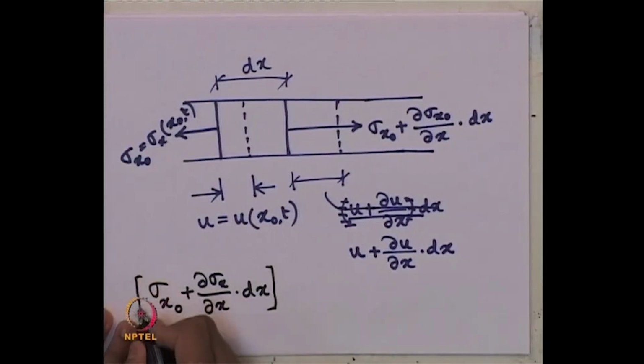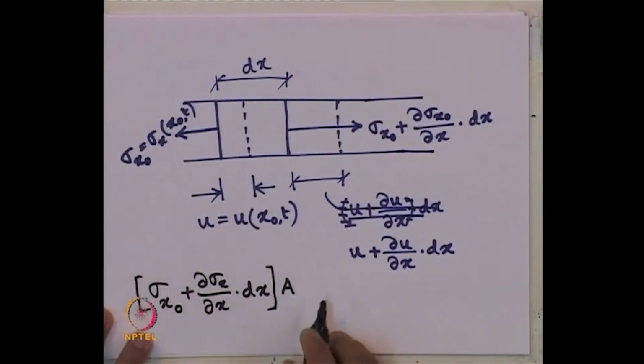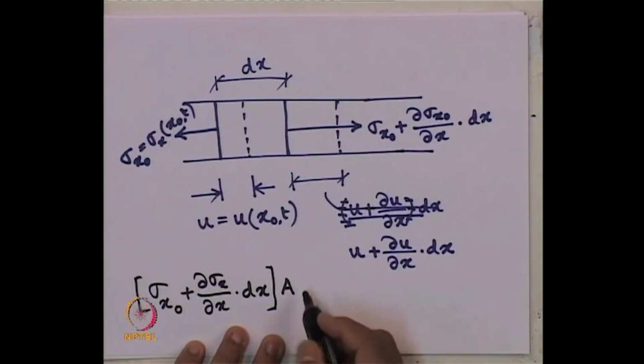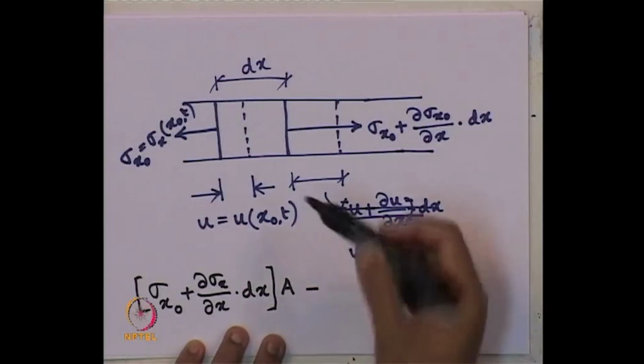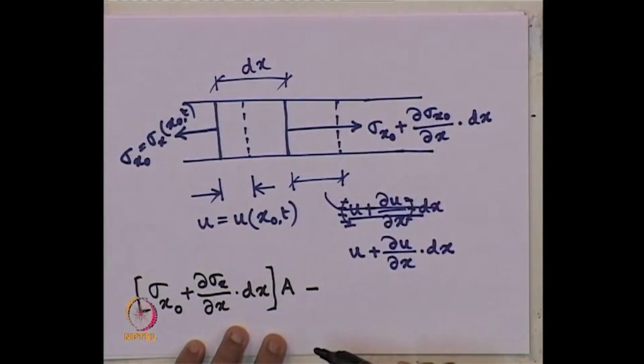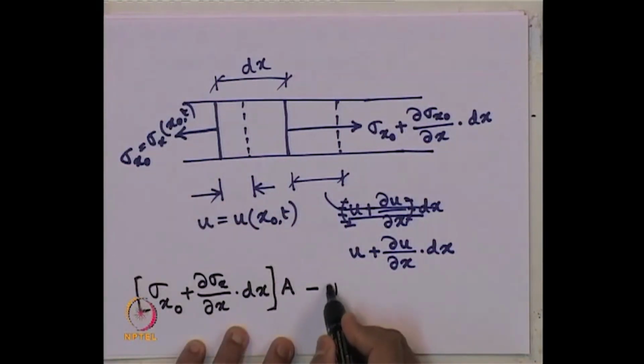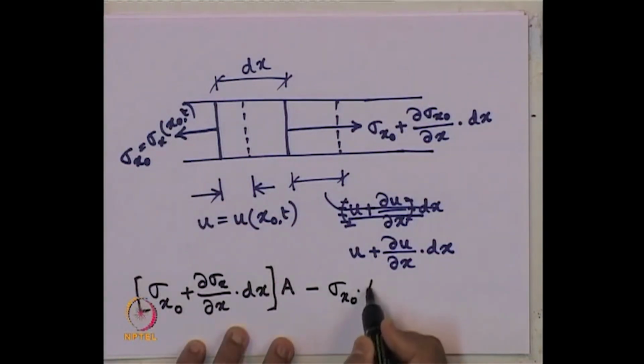This is the stress, and times the cross sectional area it will give us the force in the x direction, right, minus; this is the force acting on the right hand side of the element. On the left hand side, it is sigma x naught times A.